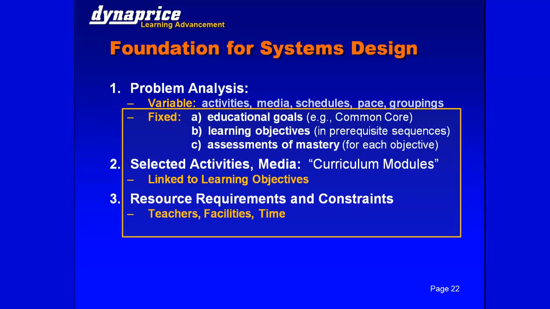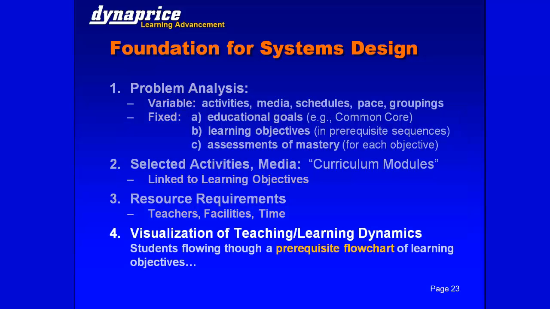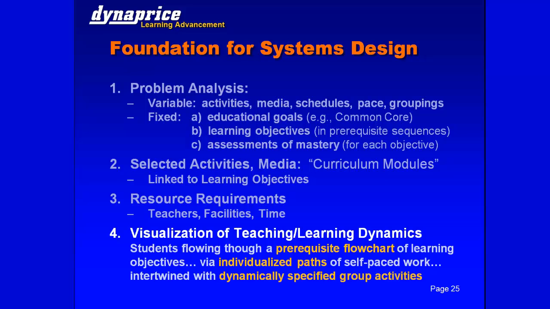Finally, we need a concept of how a school operation system would actually work. We see students flowing through a network, something like a prerequisite flowchart of learning objectives, via individualized paths of self-paced work intertwined with dynamically specified group activities.